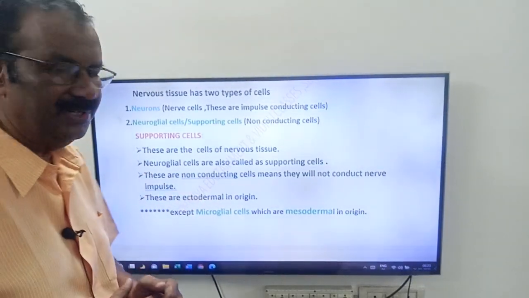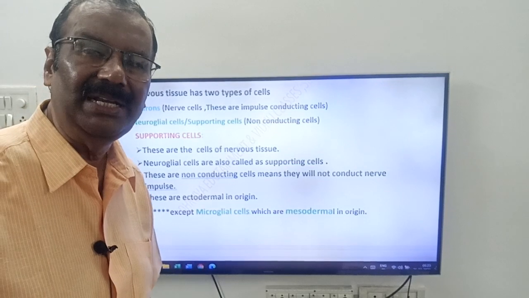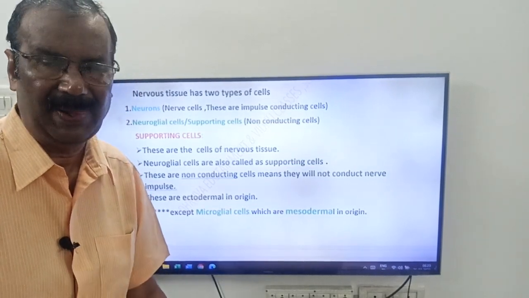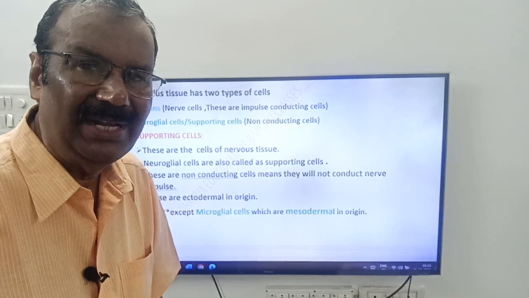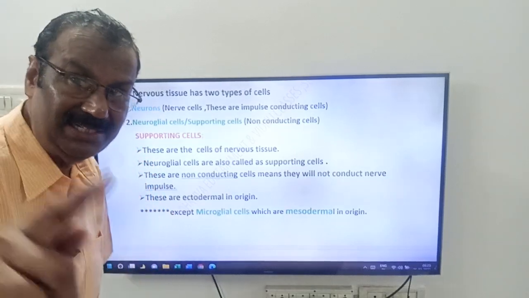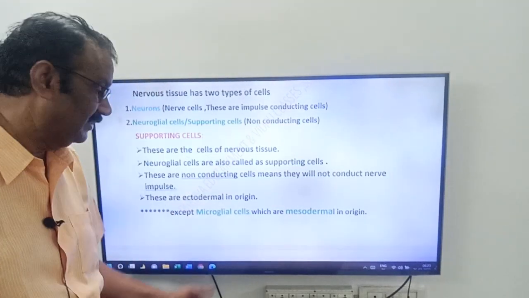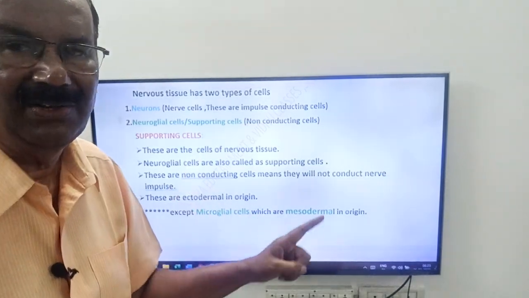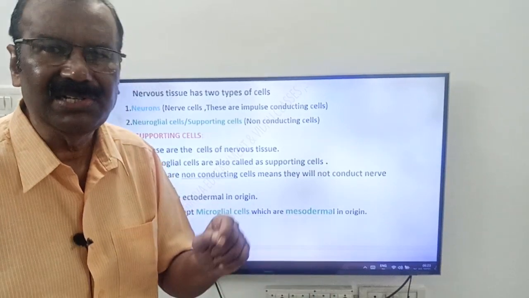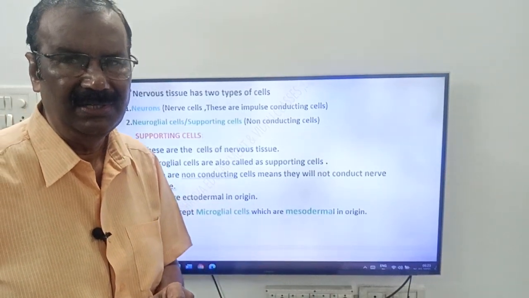Very important, friends. These are ectodermal in origin, like neurons. Supporting cells are also ectodermal in origin. But one important cell, the microglial cells, are mesodermal in origin. Microglial cells are one type of supporting cells.